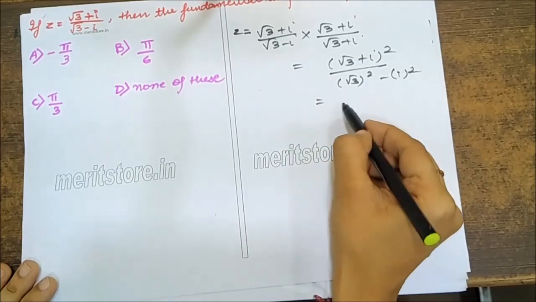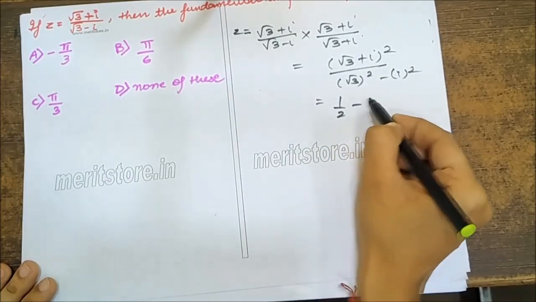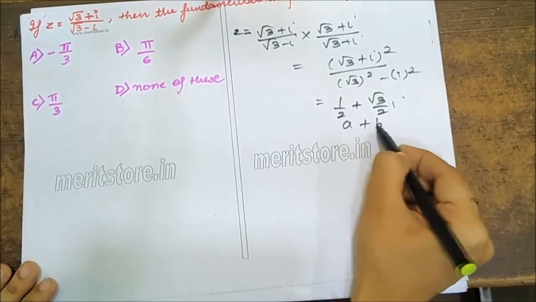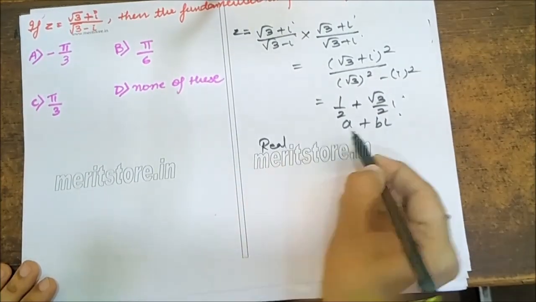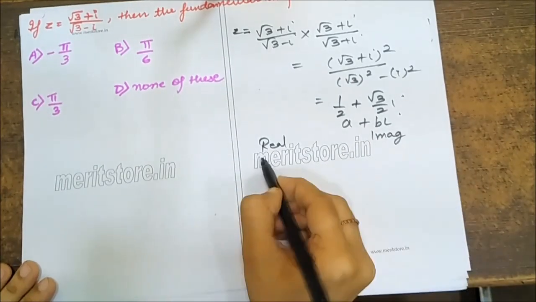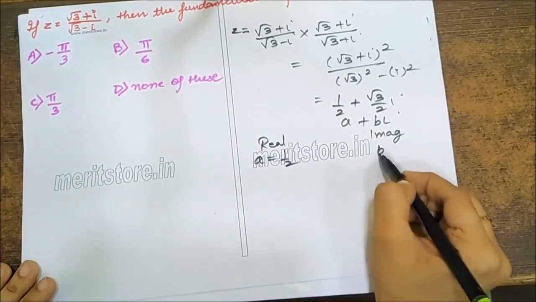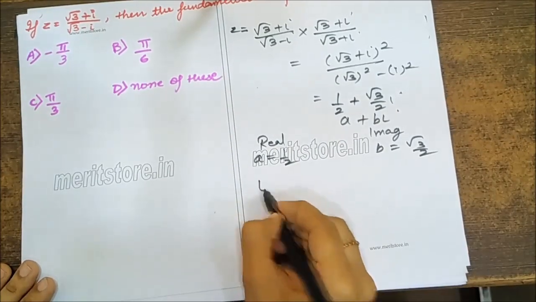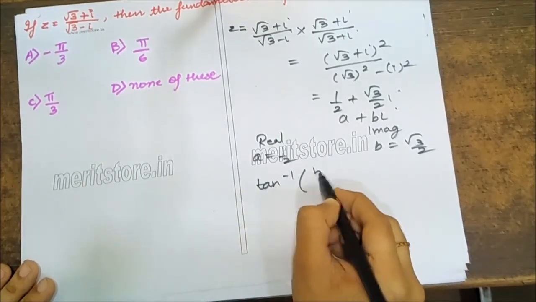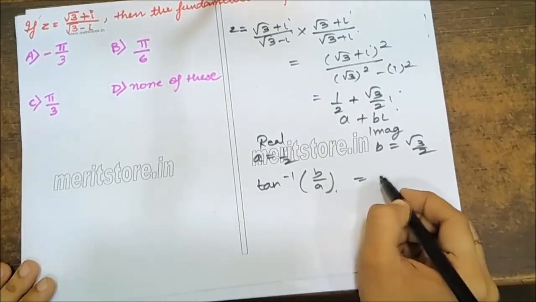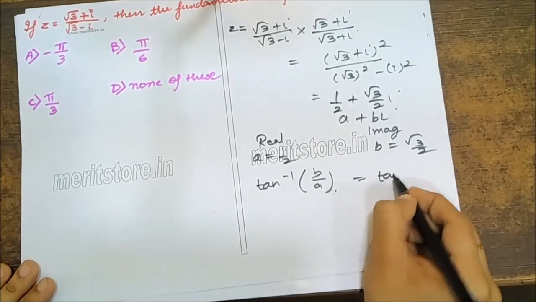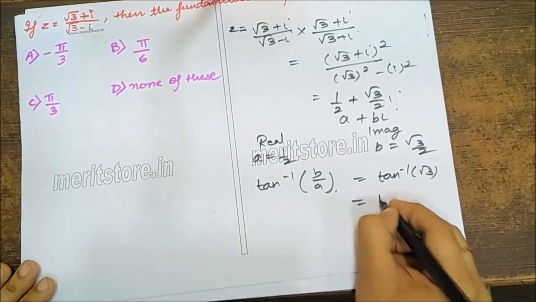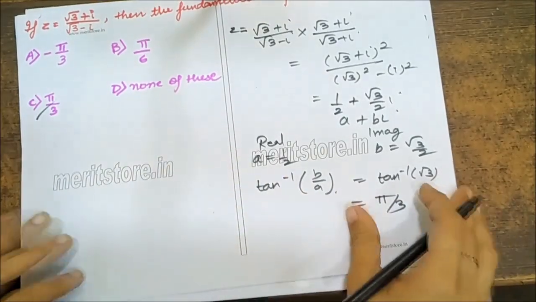Once I solve this, I get half plus root 3 upon 2 i. So that is a plus bi, where a is half and b is root 3 upon 2. Then amplitude is tan inverse of b upon a. We get tan inverse of root 3, which is pi by 3, that is C.